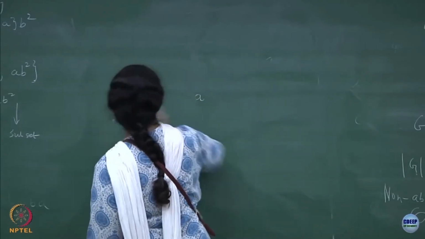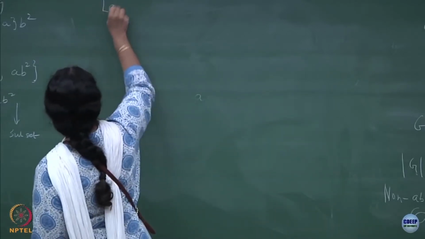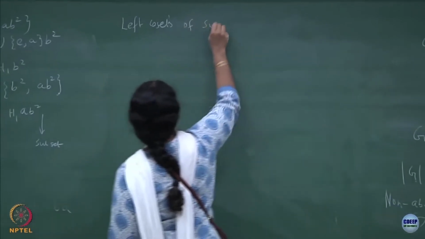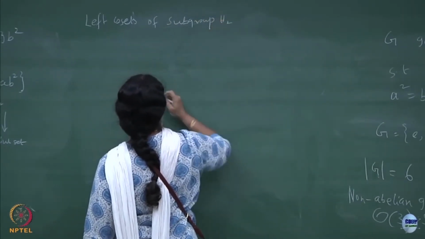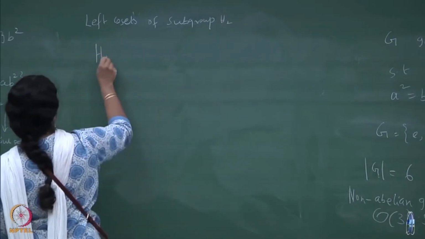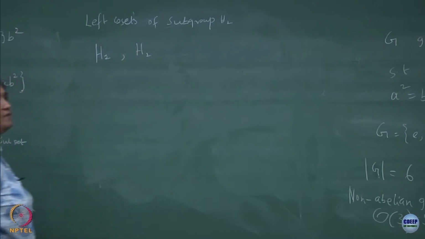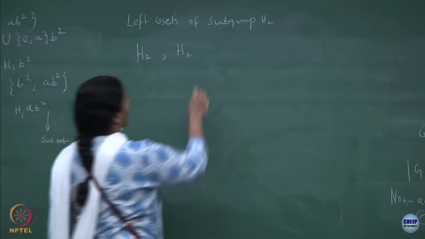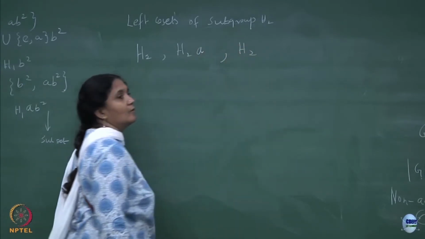Left cosets. So, H2, then you can have H2 with B will give you anything? It has to be with A, and what else? That is it.